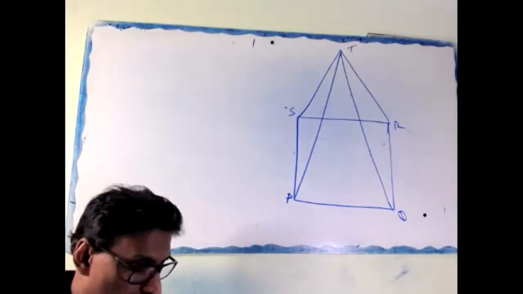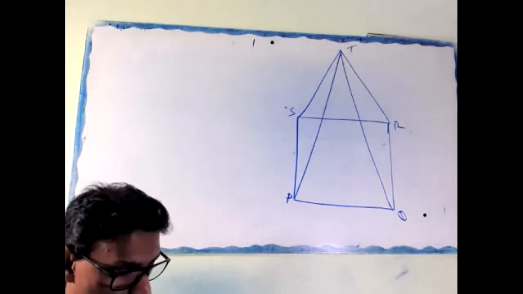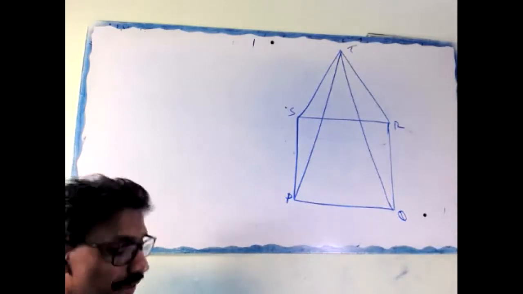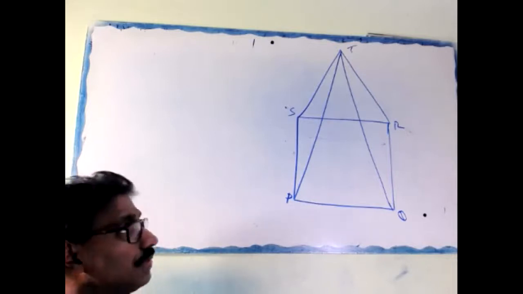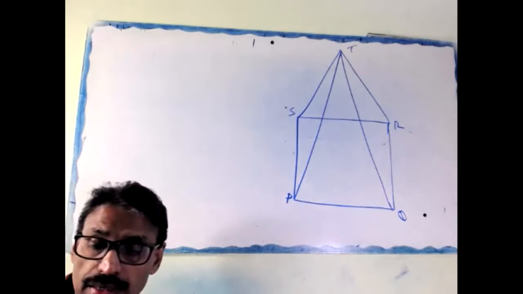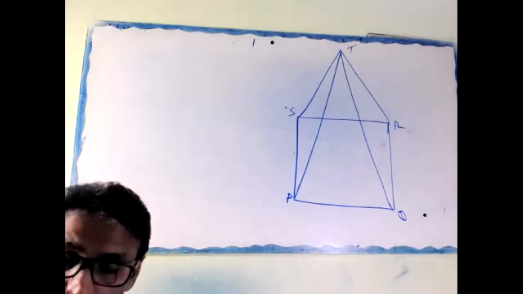PQRS is a square. SRT is an equilateral triangle. Prove that PT equal to QT and angle TQR equal to 15 degree.